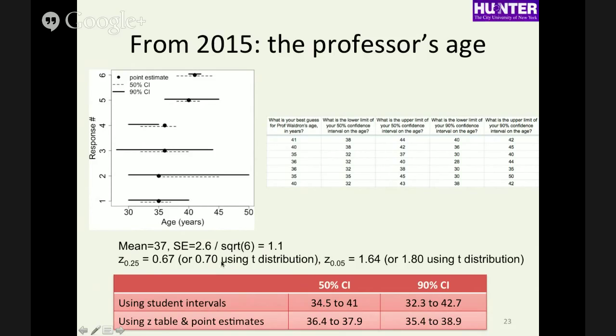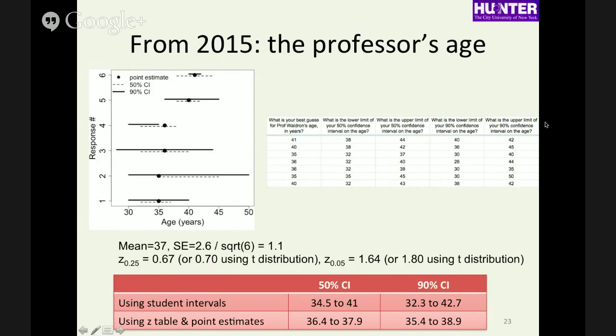The margin of error based on the point estimates is only, the 50% margin of error is like, what is this? 0.75, twice half of 1.5. And for the 90% confidence intervals, you see it is a bit larger. I took this to mean that there's a bit of a deficiency in your odds settings, in that the 90% confidence interval is really not much larger than the 50% confidence interval.